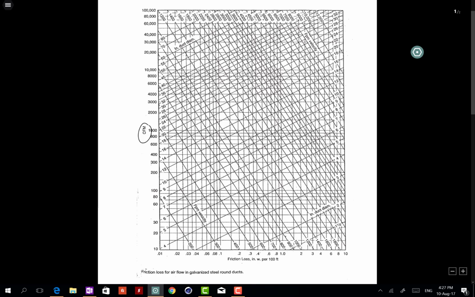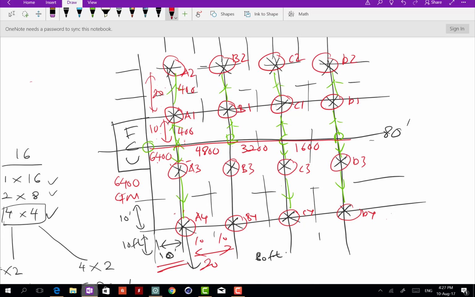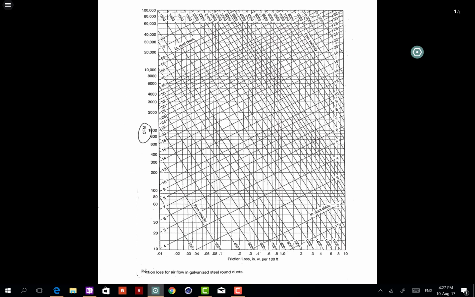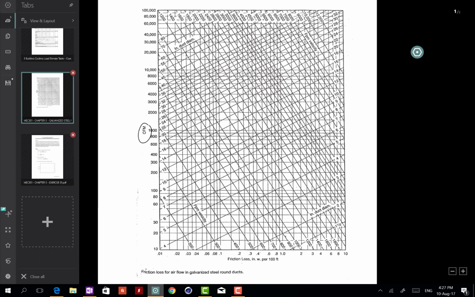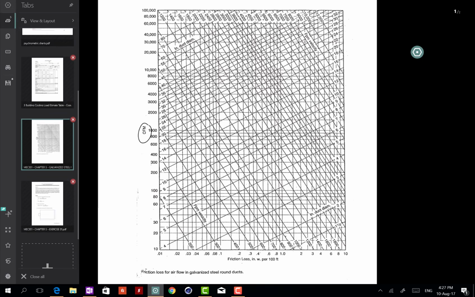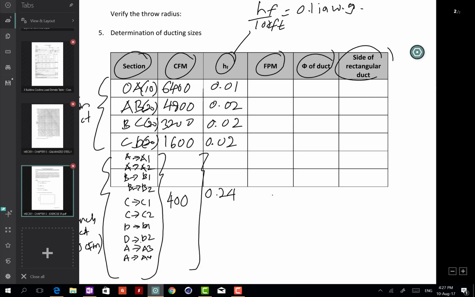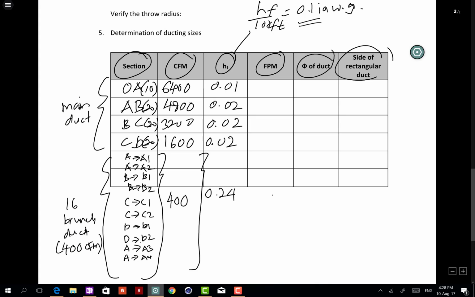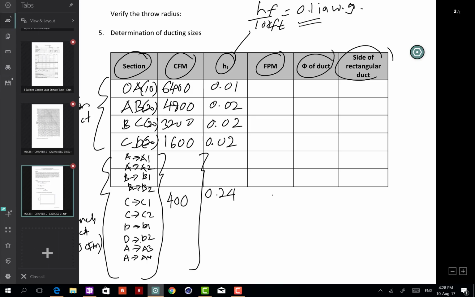Okay, so our first section just now, the CFM is 6400, HF is 0.1 per 100 feet, and we want the FPM.